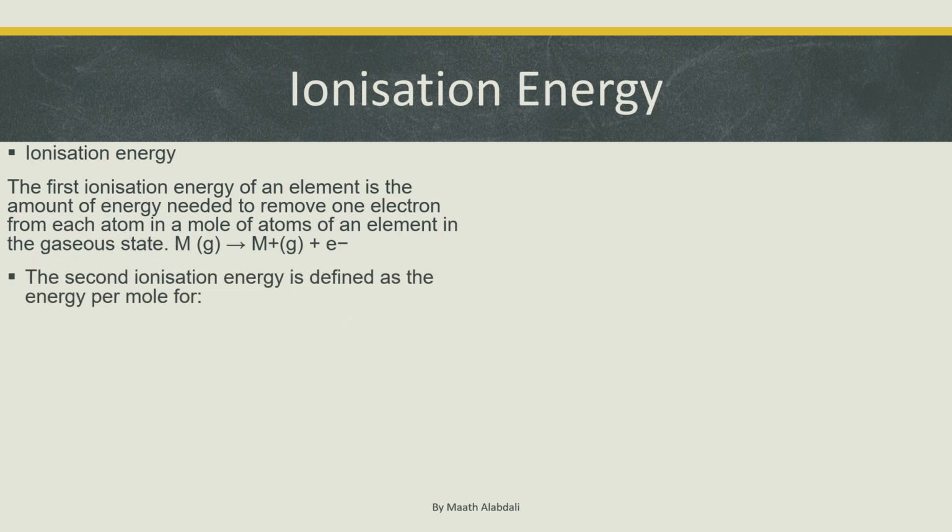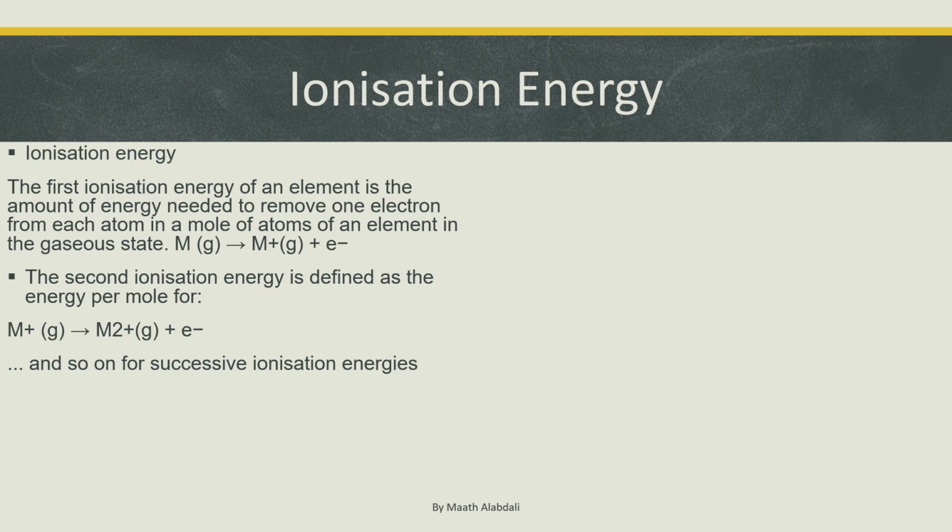Now, let's say they ask you to define the second ionizing energy, which is defined as the energy per mole: M plus gas arrow M2 plus, e minus. If they ask you to define the second ionizing energy, you just have to say that it's the amount of energy needed to remove 1 electron from each ion in a mole of M plus ions in the gaseous state.